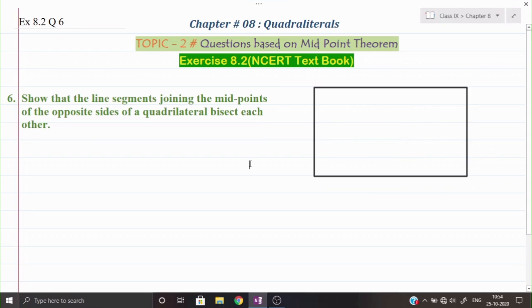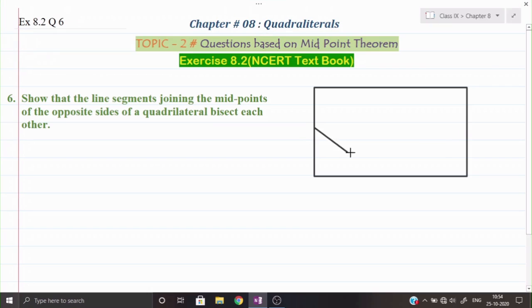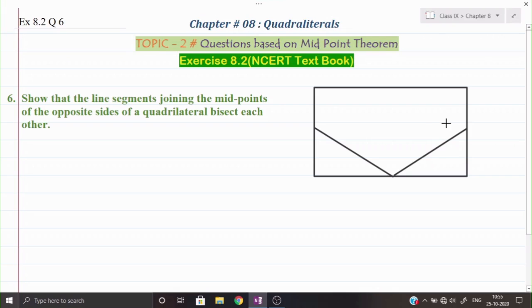Now I will take some midpoints here and join them. The midpoints I have not marked yet, I will mark them later. The last one is remaining.